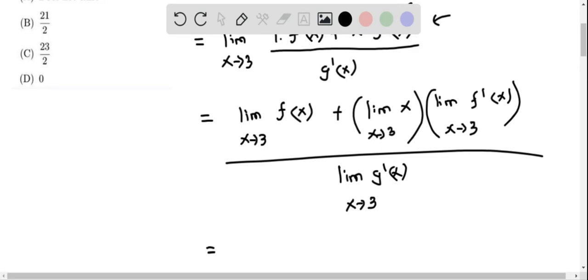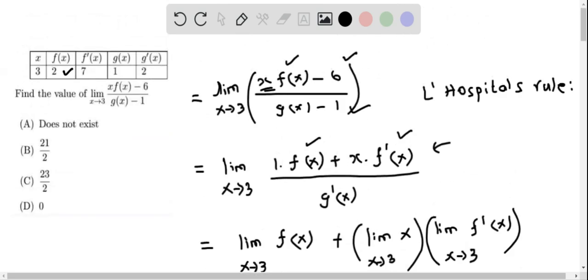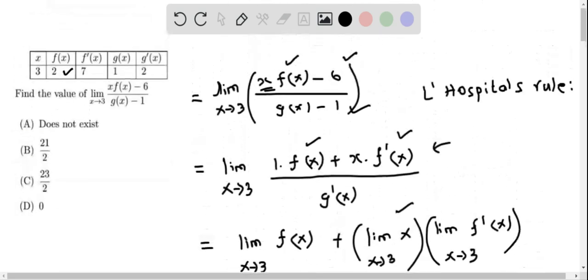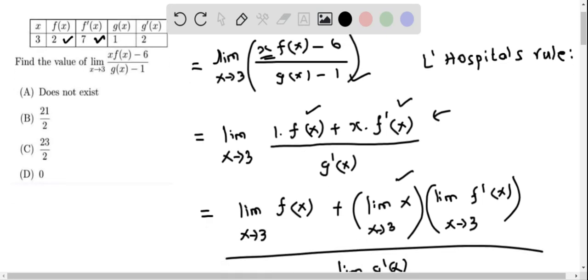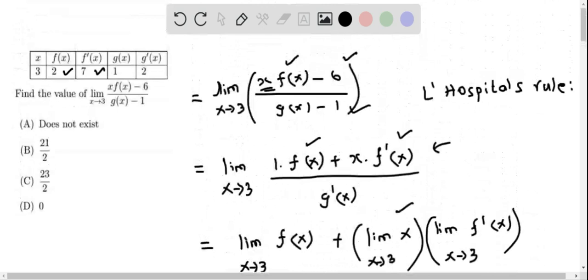Now let's utilize the table. The limit of f(x) when x approaches 3, we will utilize this value, that is 2. So for the first expression I put 2 here, and for the limit of x when x approaches 3, we have to do the direct substitution. So this becomes 3, multiplied with the limit of f prime of x as x approaches 3. We utilize this value: when x approaches 3, f prime of x is 7. So we put 7 over here, divided by the limit of g prime of x when x approaches 3.